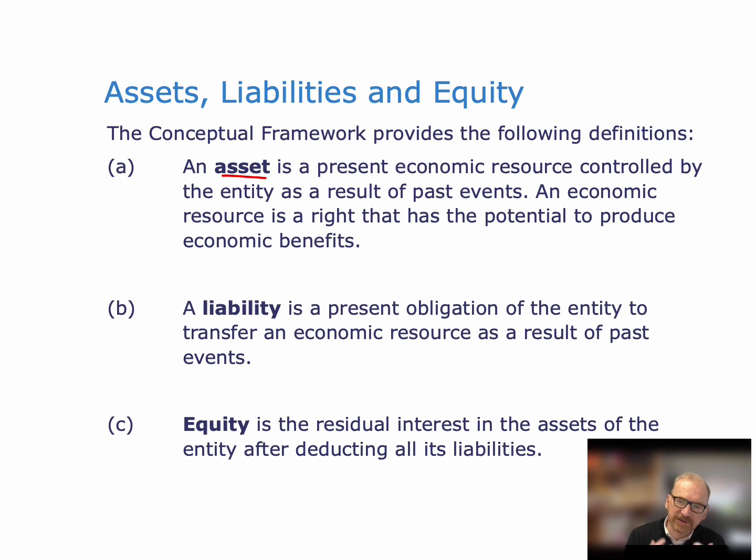So an asset is something that has the potential to produce economic benefits. It could be something like a motor vehicle that the company has that can provide transportation benefits in the future, a building which provides accommodation benefits, a machine which provides production benefits. It can produce items in the future. So there are a wide range of things that can be classified as an asset.